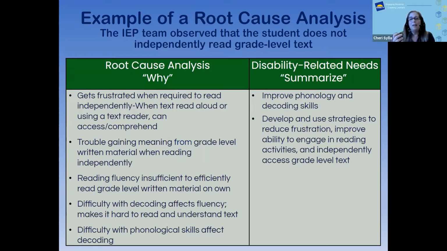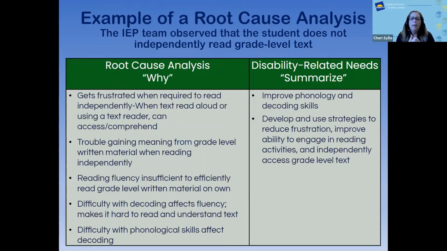So the team says, well, why do we think that happens? Well, they say the student gets frustrated when required to read independently, when the text is read aloud or using a text reader he can't access and comprehend. Well, why is that? Well, he has trouble gaining meaning from grade level written material when reading independently. Well, why is he having trouble gaining meaning?